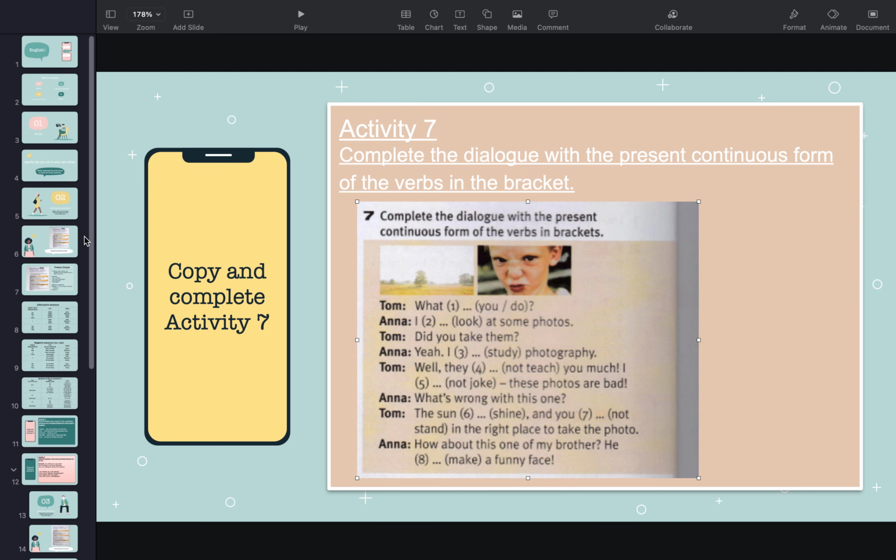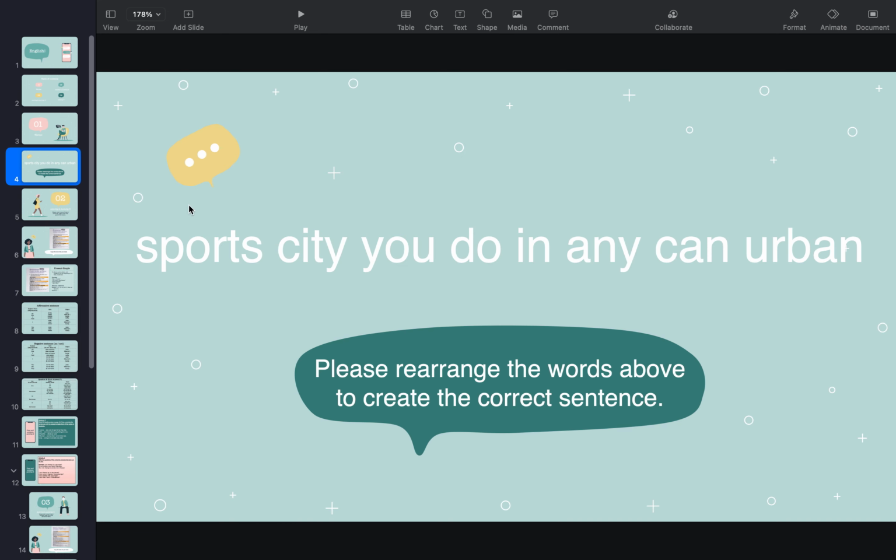So, tugasan kamu ialah, I'll just summarize everything for you. Number 1, please do this warmer activity. Teacher akan ringkaskan untuk kamu. Nombor 1, dalam buku mesti tulis warmer activity ni, susun balik, jadikan satu ayat yang betul, pastikan penggunaan huruf besar dan huruf kecil, dan juga full stop dekat hujung ayat. Make sure that you use the correct capital letters and small letters, and end your sentence with a full stop.